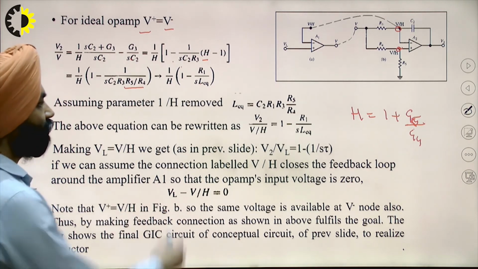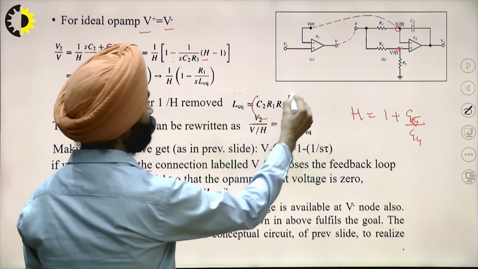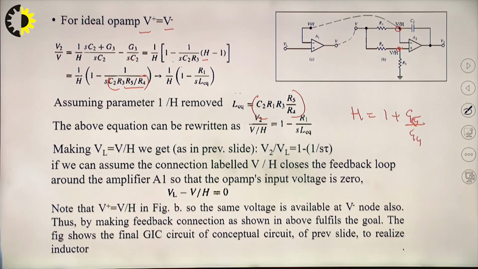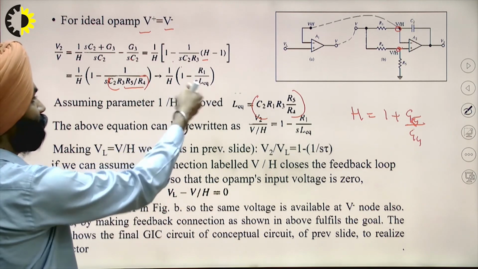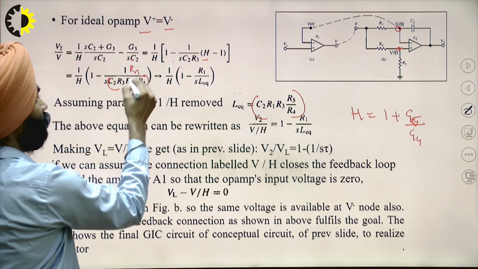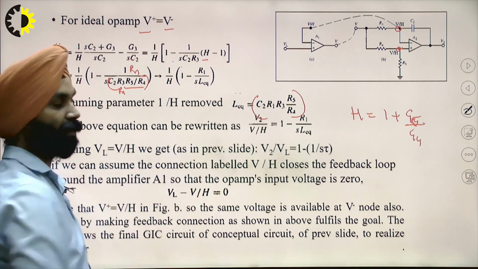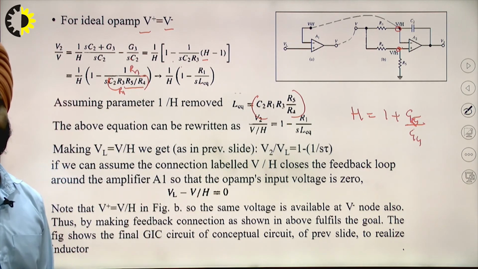So we have L equivalent given by this whole term, that is C2 R1 multiplied by and divided by R1. So C2 R1 R3 R5 by R4 will be L equivalent.